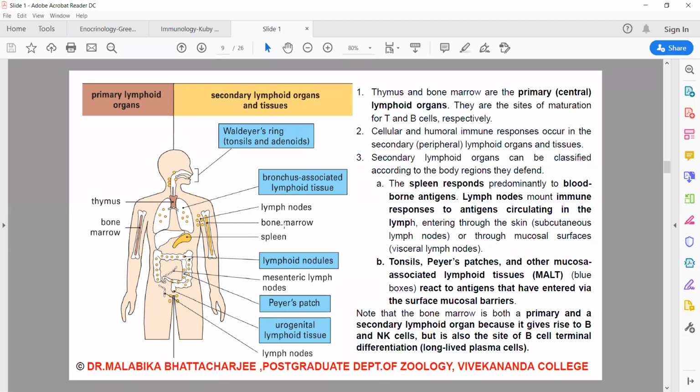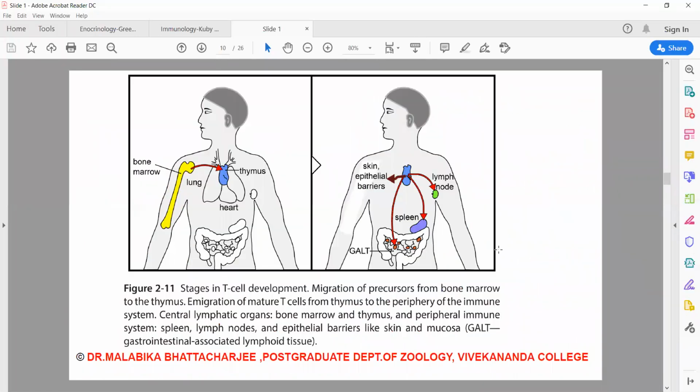Since we are proceeding to the T-cell developmental pathway, we will now be concentrating on the thymus. So these are the stages in T lymphocyte development and migration, as you can see. In the early stages, the precursor progenitor T lymphocytes migrate into the thymus.